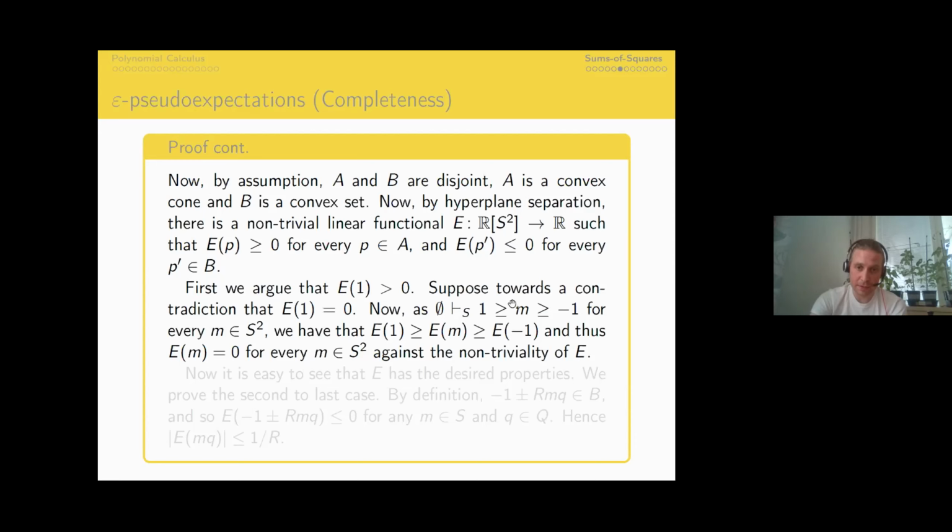This follows from a property that the cone of all polynomials that are sums of squares modulo multilinearization have: any monomial in S squared has provable lower and upper bounds.